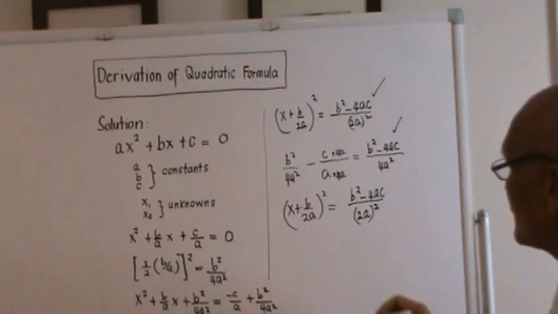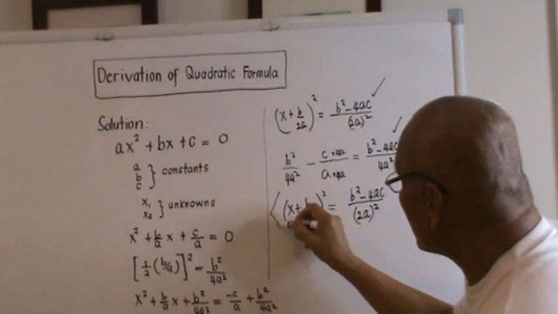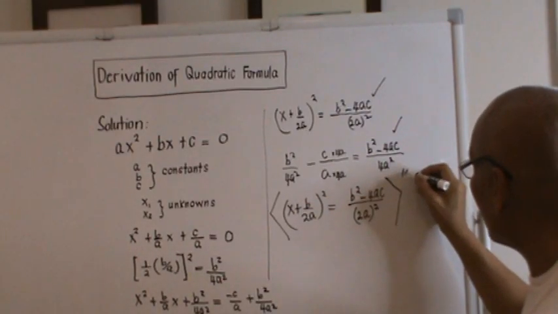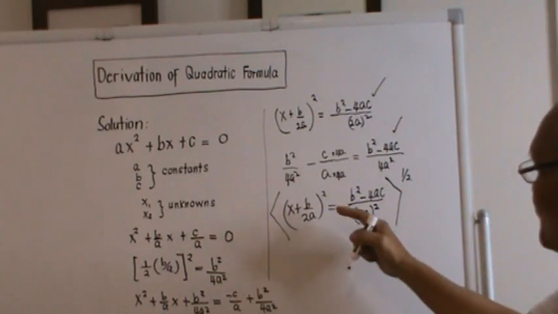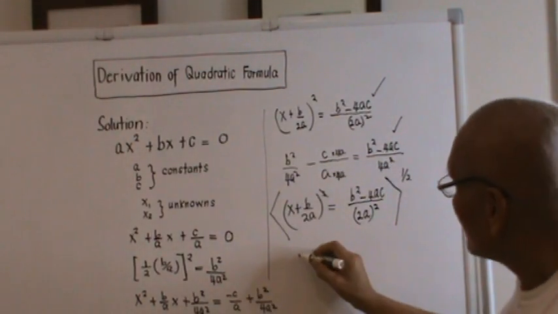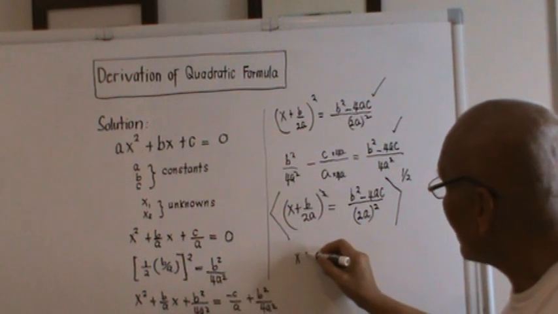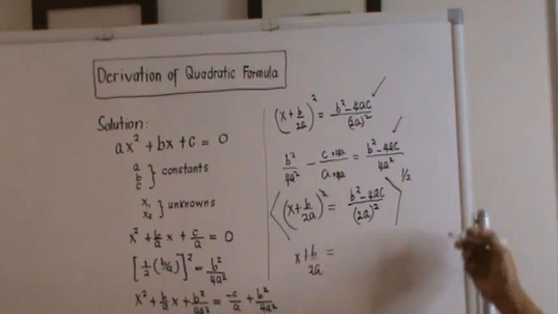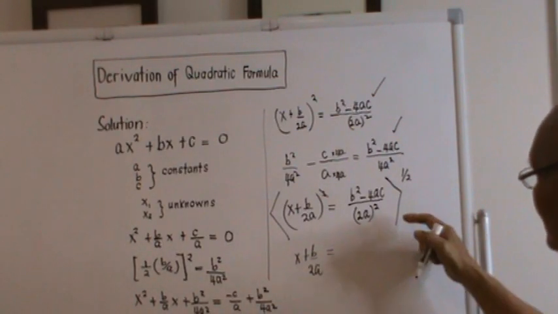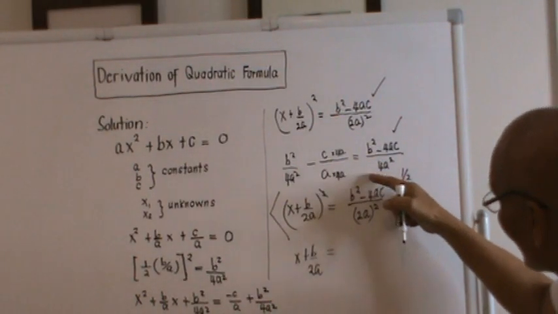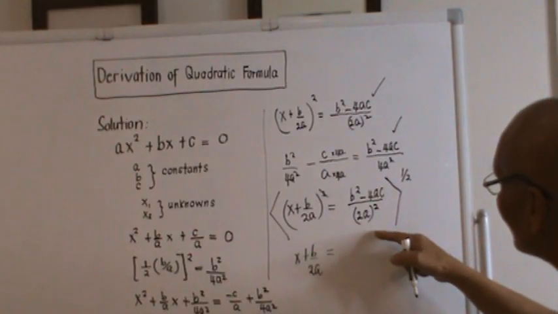So to compute for x, we will raise all the terms, the left and right, to the 1/2. So for the left hand side, these two will disappear. It will just be simply equal to x plus b over 2a, and this should be equal to. For the right hand side, if we try to take the square root of the right hand side, it could be the square root of the numerator over the square root of the denominator.